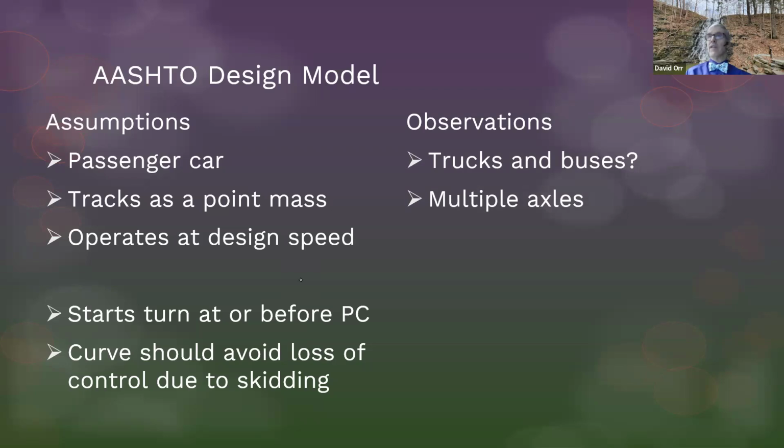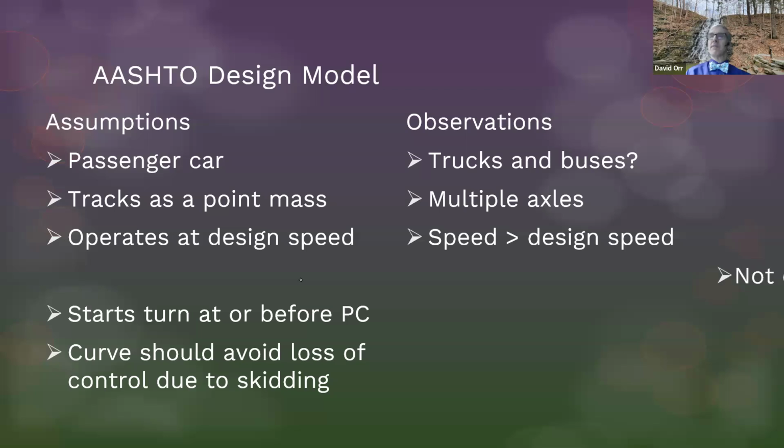Think about a vehicle with front wheel drive versus rear wheel drive, those things change how the vehicle goes through the curve. We know most people go a little bit faster than design speed, especially on a dry day with warm weather, as opposed to rain like we've been having for the last few days.